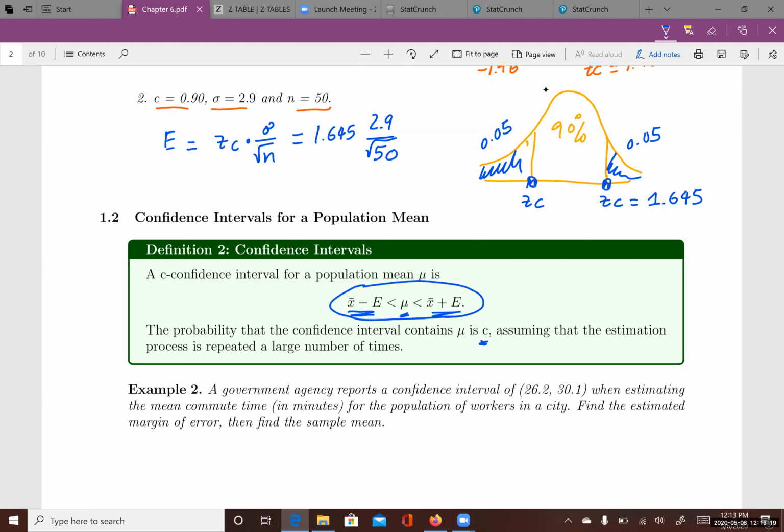Assuming that the estimation process is repeated a large number of times, not just one time, but a large number of times.